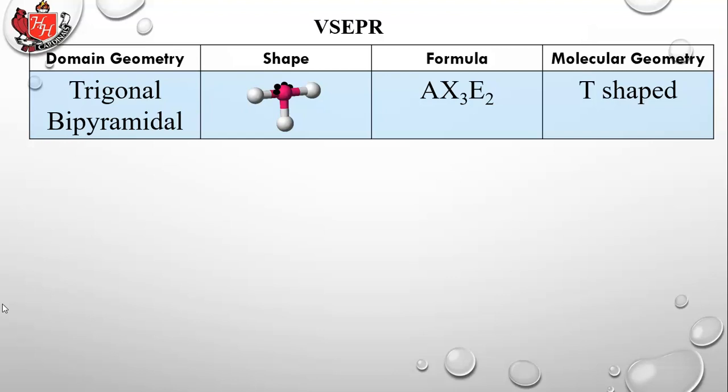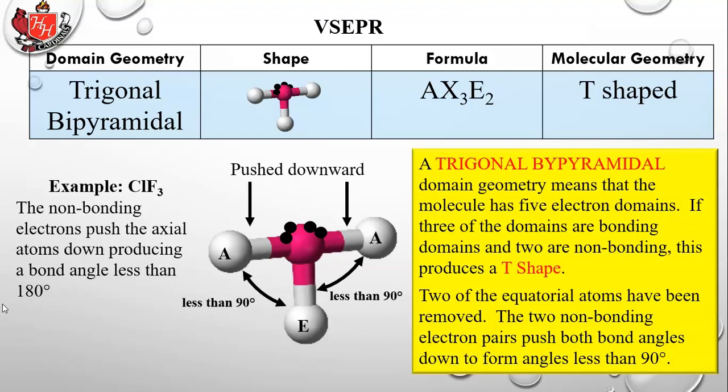That makes sense. So a trigonal bipyramidal domain geometry means that the molecule has 5 electron domains. If 3 of the domains are bonding domains and 2 are non-bonding, this produces a T-shape. 2 of the equatorial atoms have been removed. The 2 non-bonding electron pairs push both of the bond angles down to form angles less than 90 degrees.